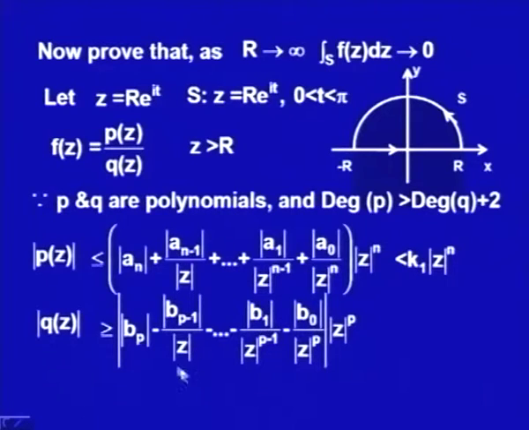So, here again when mod z is greater than r, 1 upon mod z would be less than 1 upon r. That says minus 1 upon mod z would actually be greater than minus 1 upon r. So, each of these terms is bounded by some constants. This is bounded by minus mod of B_(p-1) upon r, this is bounded by minus mod of B_1 upon r to the power p minus 1, and so on.